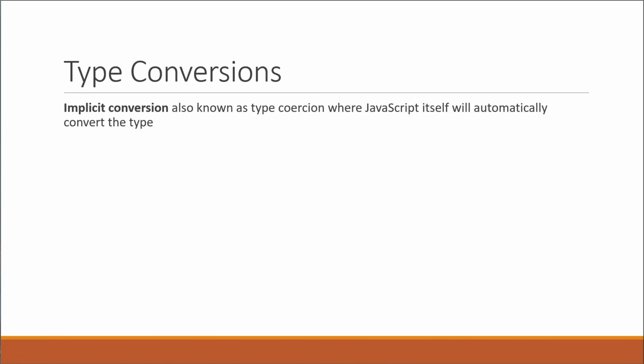Implicit conversion, also known as type coercion, where JavaScript itself will automatically convert the type to be able to run the code you have written. And we also have explicit conversion, where you manually convert the type. Let's look at examples of both these conversions. Let's start with implicit conversion.